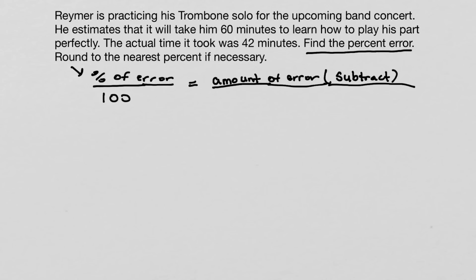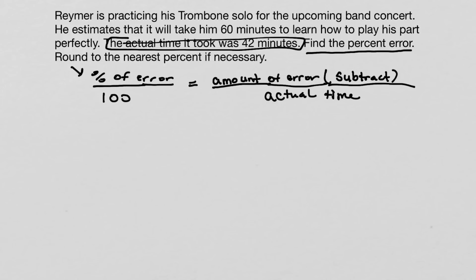Now on the denominator, this is where you have to be careful. On the denominator, we're going to write the actual time that it took Raymer to perfectly play his trombone solo.